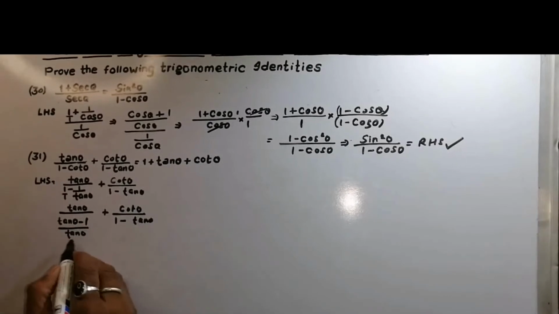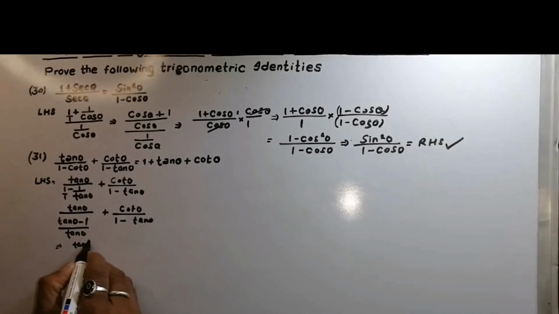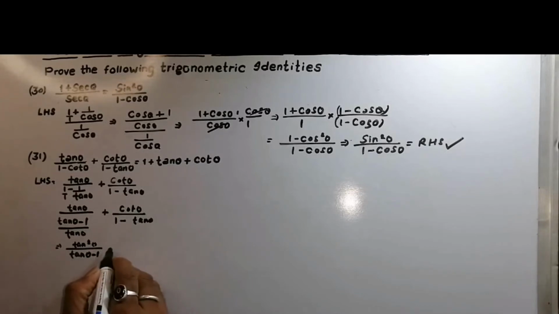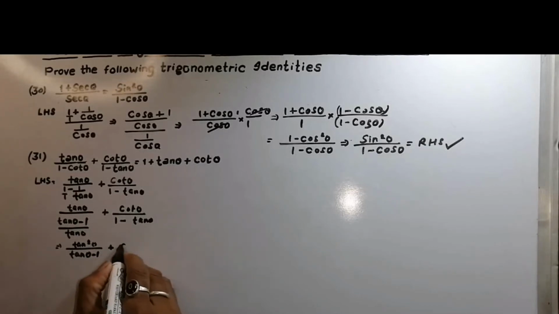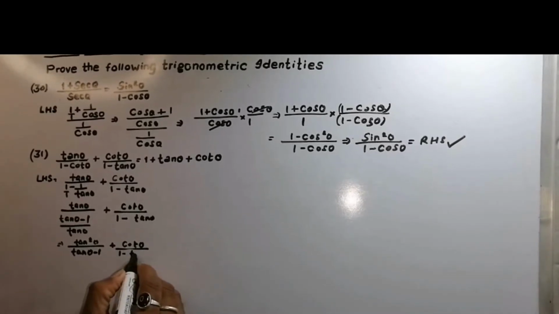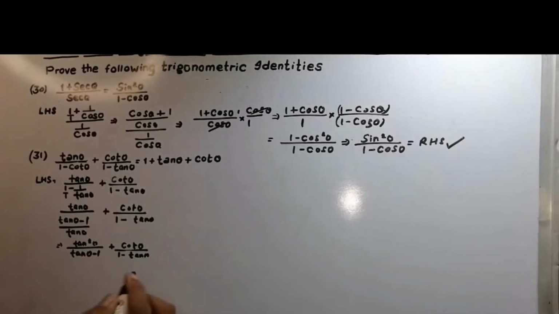This goes upside, so it becomes tan square theta upon tan theta minus 1, and plus cot theta upon 1 minus tan theta.